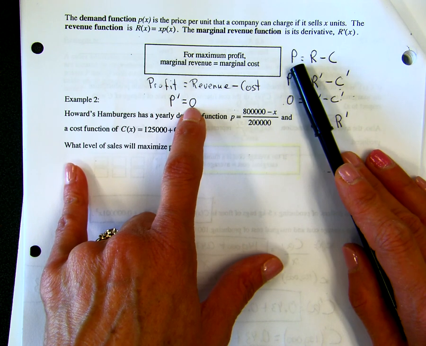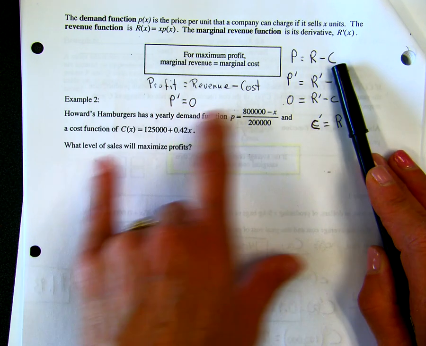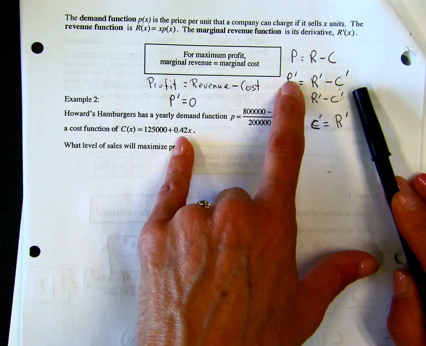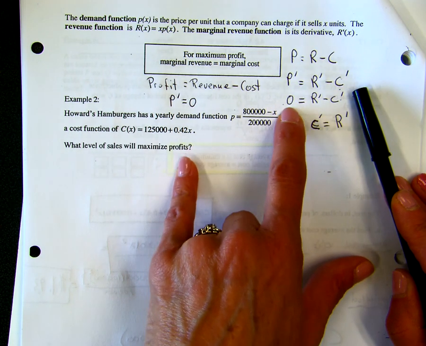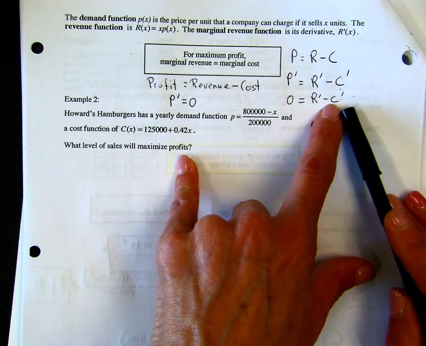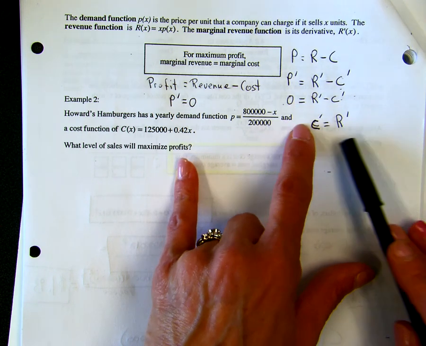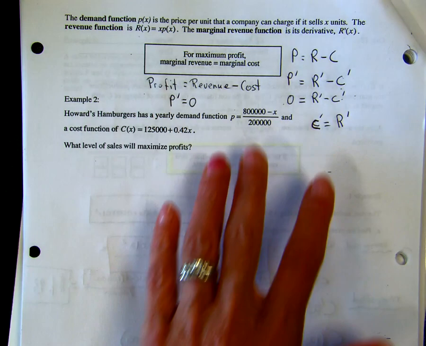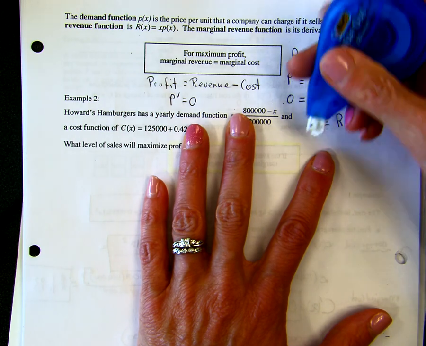If I've got profit equals revenue minus cost, then P prime equals R prime minus C prime. Then my P prime, marginal profit, is 0 if R prime minus C prime is 0. That is, if R prime is equal to C prime.